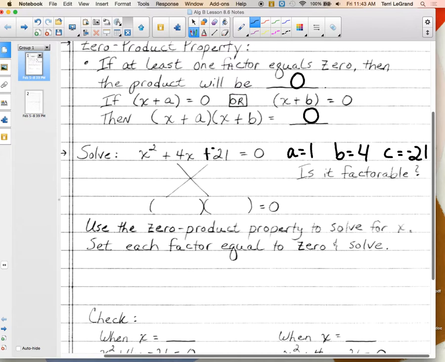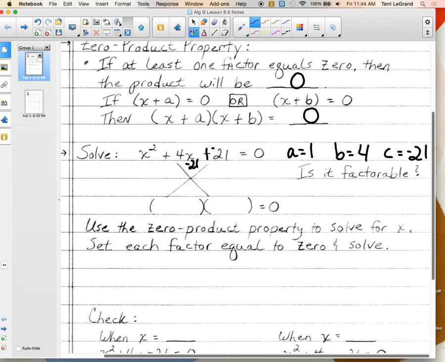Yeah. A is equal to 1. When A is equal to 1, what do we put upstairs in our diamond? Anybody remember? Negative 21. Right? It's A times C, but it's just the C, you guys. I said negative 21. Well, I'm sorry, there was so much going on, I guess I didn't catch it.